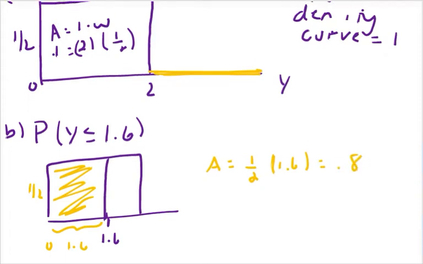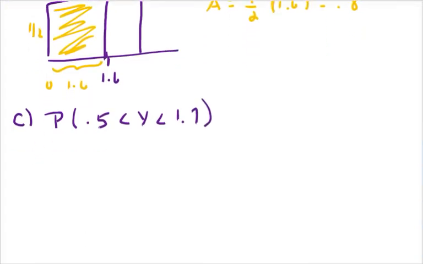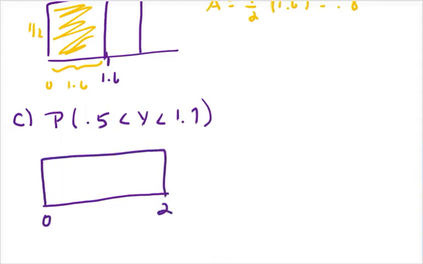So let's look at the next question, which asks for the probability that the random variable is between 0.5 and 1.7. So let's draw it out. Here it goes from 0 to 2, but I'm looking at the probability between 0.5 and 1.7.